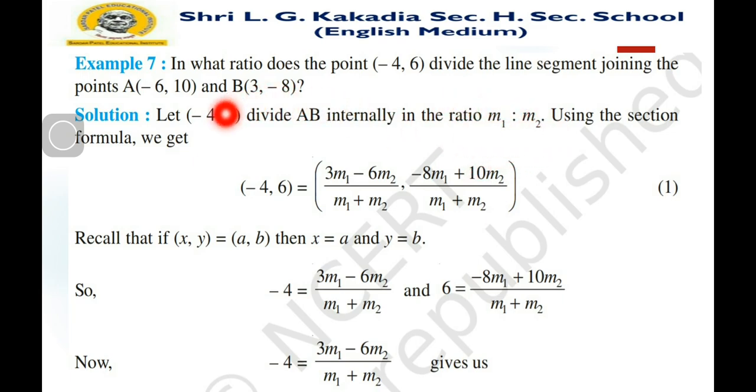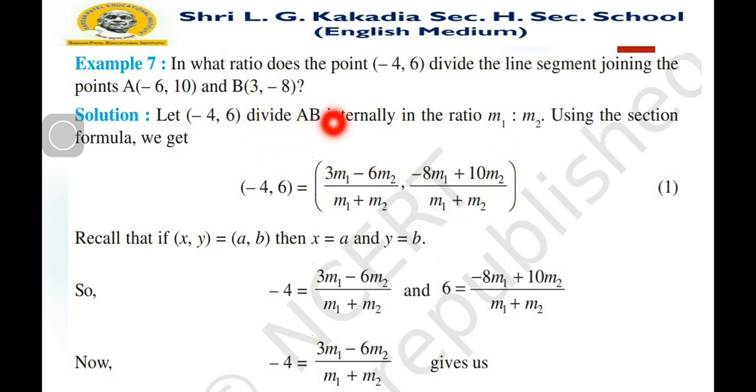For that, here the point P's coordinates are given, so let us put them in. Here we know that (x, y) is equal to ((m1 x2 plus m2 x1) upon m1 plus m2, (m1 y2 plus m2 y1) upon m1 plus m2).